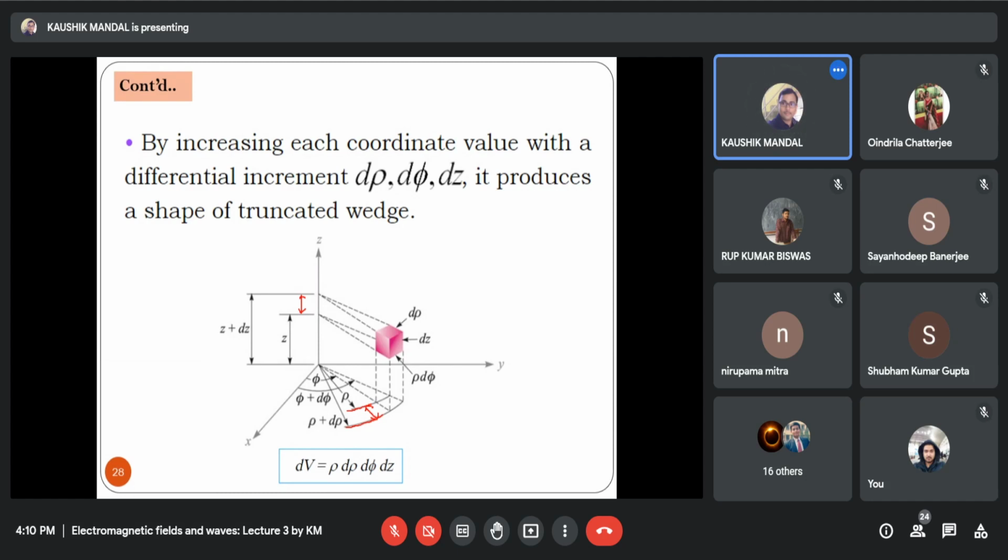Next, phi. If you consider the cylinder up to this, say up to this the angle is phi. Next, you are considering the cylinder up to this one. So the difference between these two becomes the increment d phi.